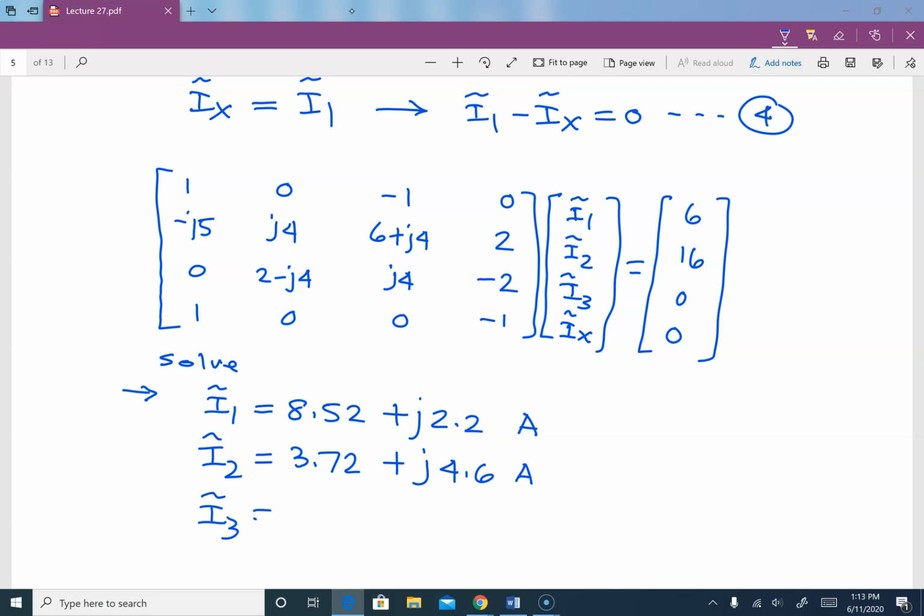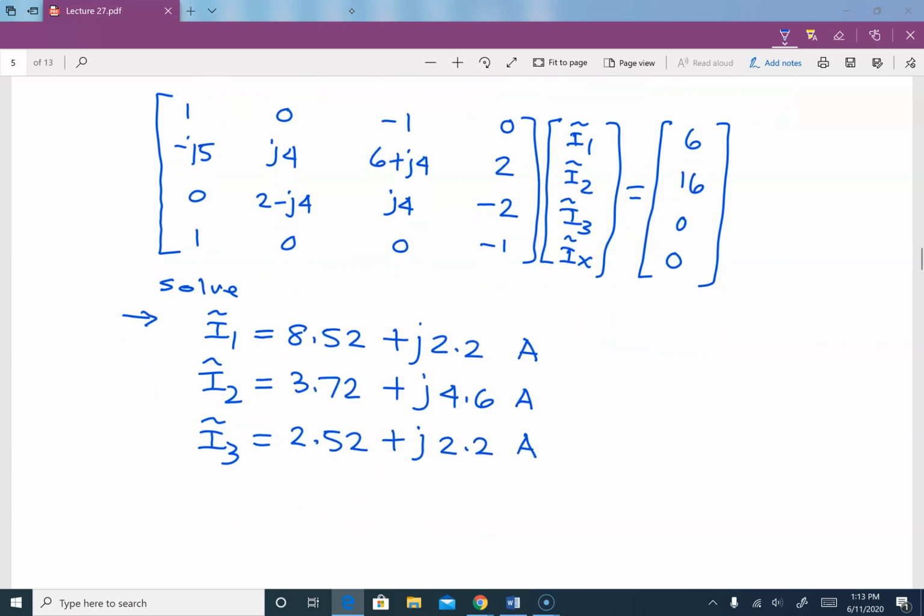I3 is 2.52 plus J 2.2 ampere, and IX, that is 8.52 plus J 2.2 ampere.